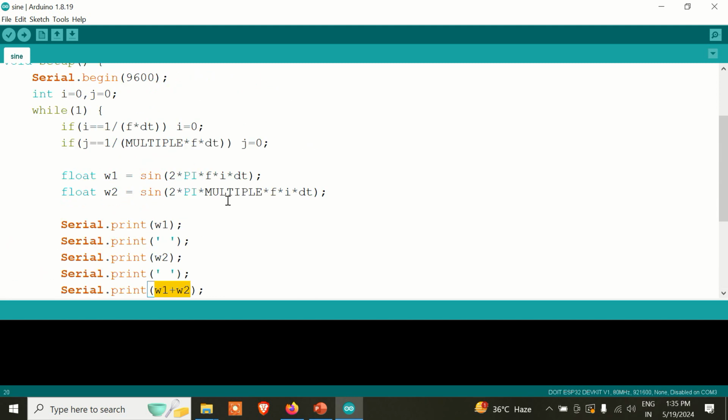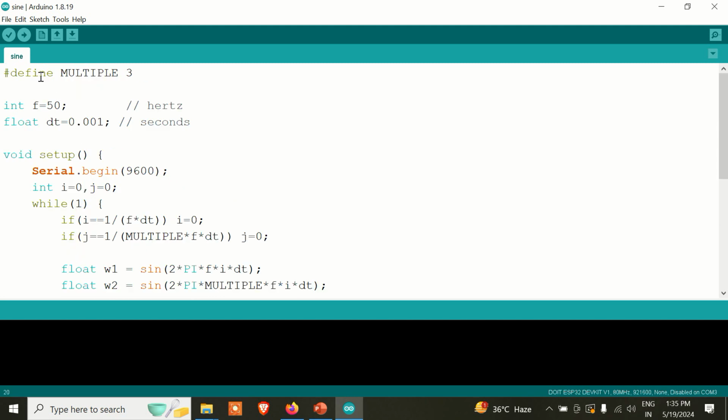What is the role of the frequency components in shaping the nature of the waveform? Let's see that. Let's compile and download.